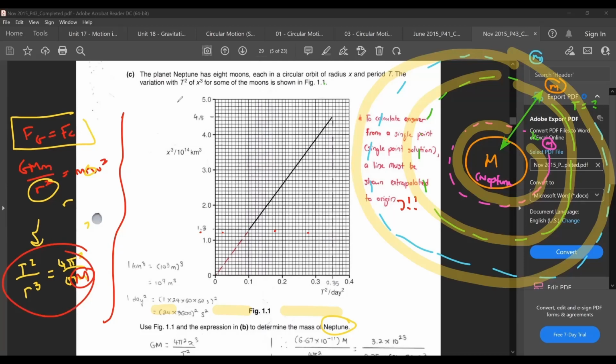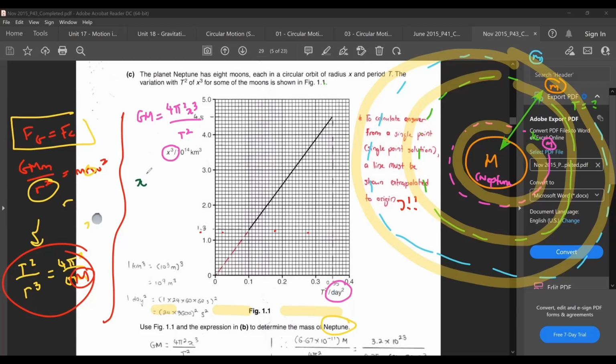So just now you derived that GM is 4π²x³ over T². You look at your graph right now, this one is x cubed, this one is t squared. You try to rearrange it such that it forms a straight line equation.